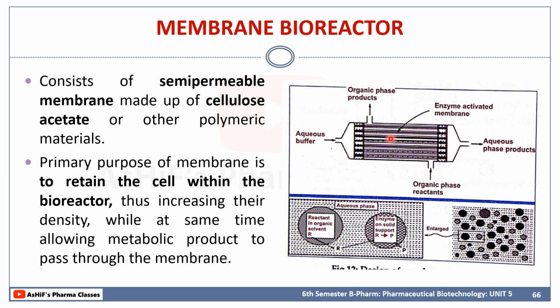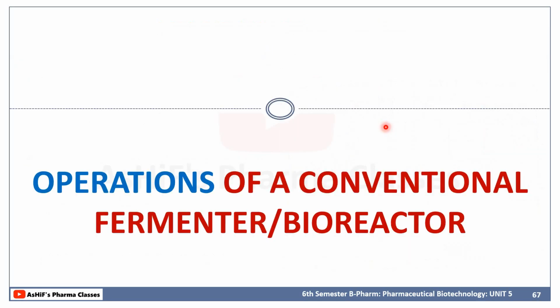We will have organic phase as well as enzyme activated membrane here, and we will give the aqueous buffer and organic phase reagent, so that we will get the organic phase product as well as aqueous phase product separately from different ends of the bioreactor. So that is the membrane bioreactor. Okay, so that's all about the different types of fermenters.